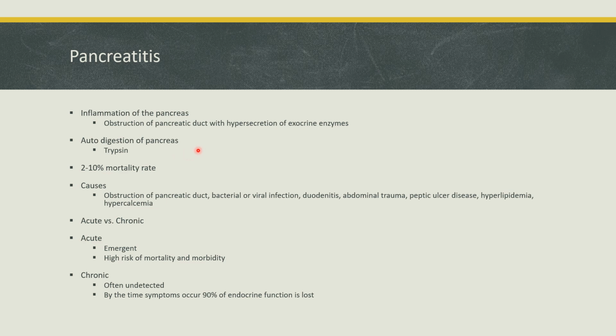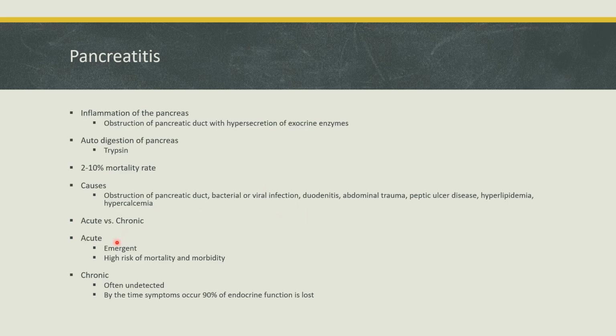And so they're going to break down our pancreas because our pancreas is made out of fats, proteins, all that good stuff. And then if we have a release of these enzymes into our bloodstream, then they're also going to break down everything our bloodstream goes to. So we can have pancreatic enzymes breaking down our lung tissue, breaking down our cardiac tissue, breaking down our muscle tissue.